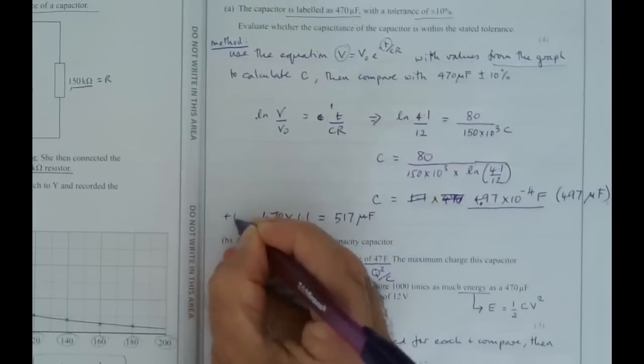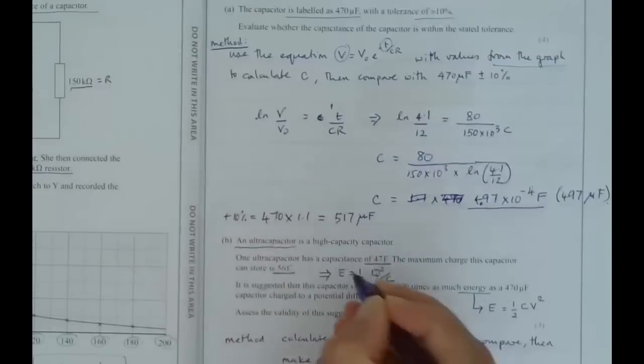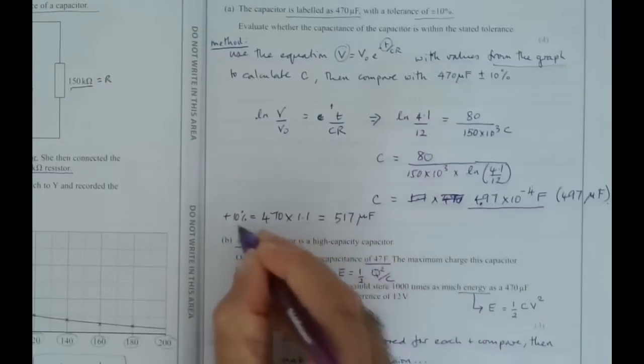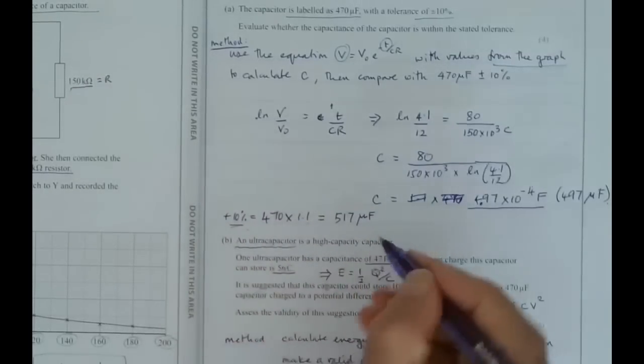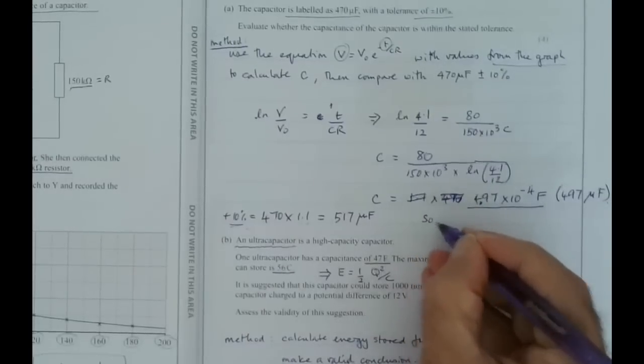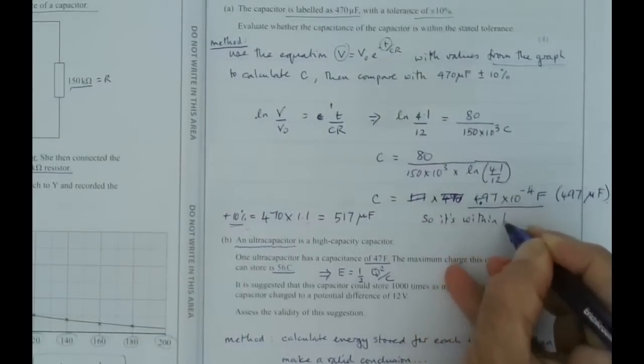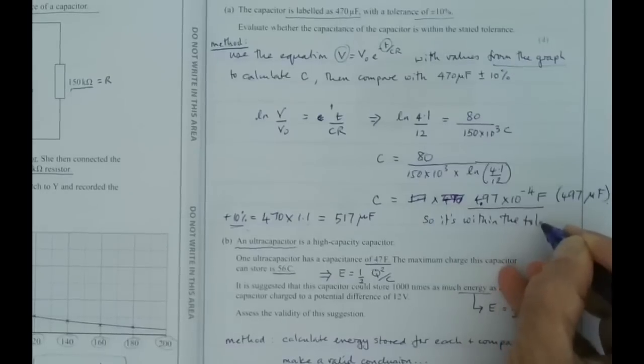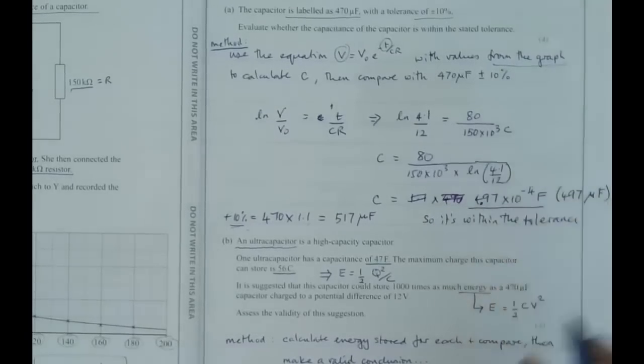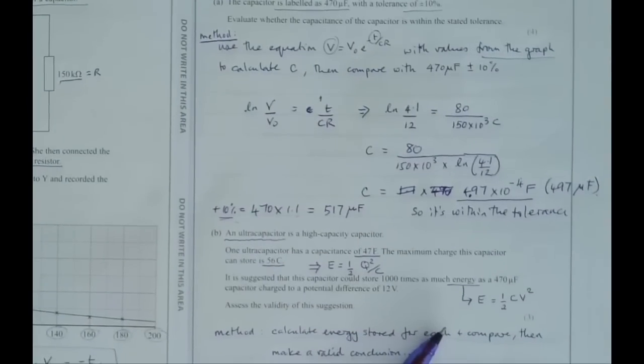So that's plus 10% would be equal to multiplying by 1.1. There's a 10%, becomes a 1.1. So it is within the tolerance. So you have answered the question and you've got your value to within the tolerance.